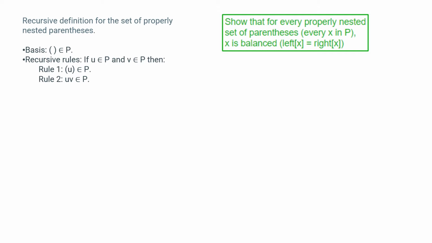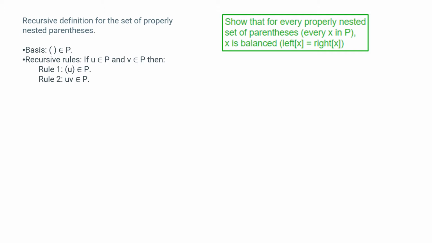We remember that we start with the basis of just this one little set of parentheses, and we say that that is in our set that we're going to call P. And then we say that anything that can be derived by using any combination of rules 1 or 2 below is also an element of that set that we're going to call P. And again, P is going to represent the set of properly nested parentheses.